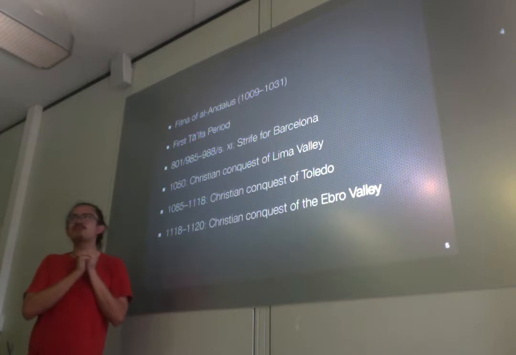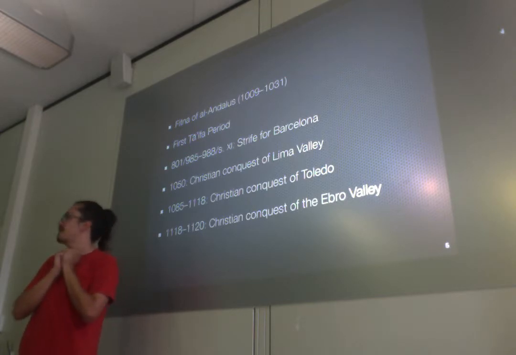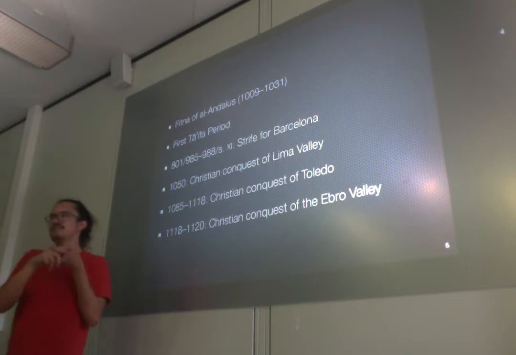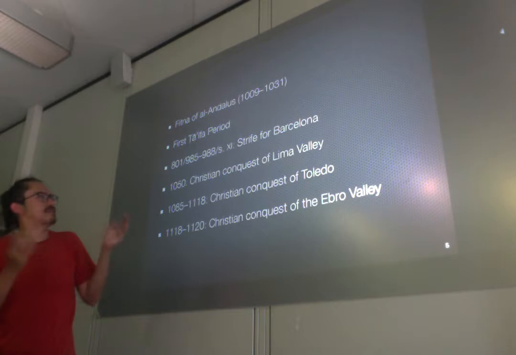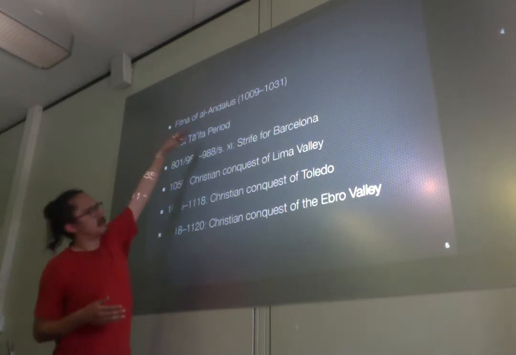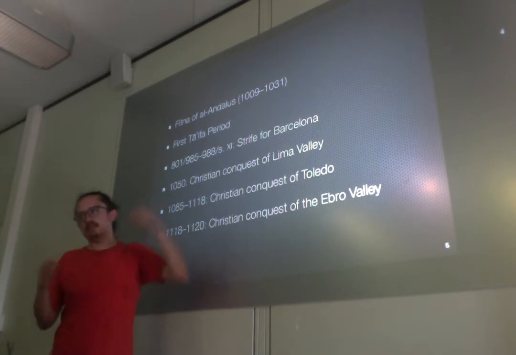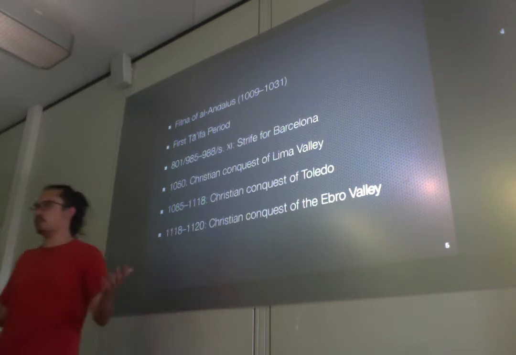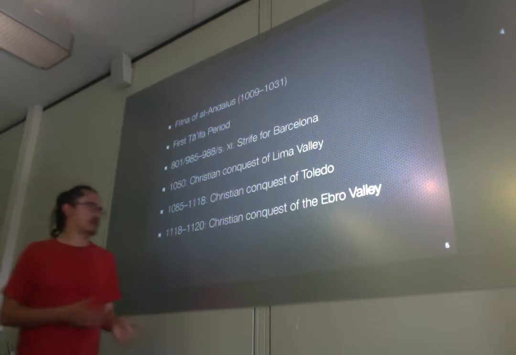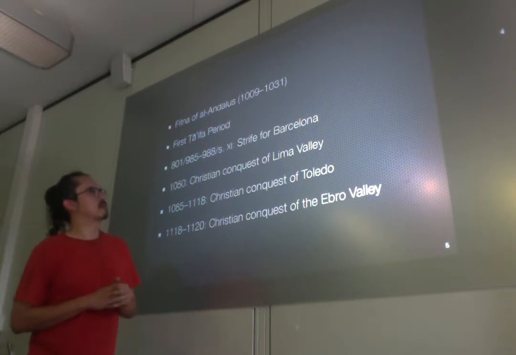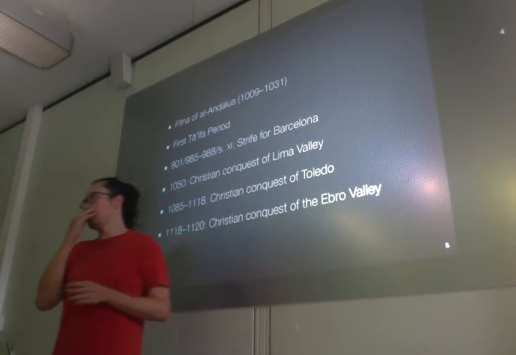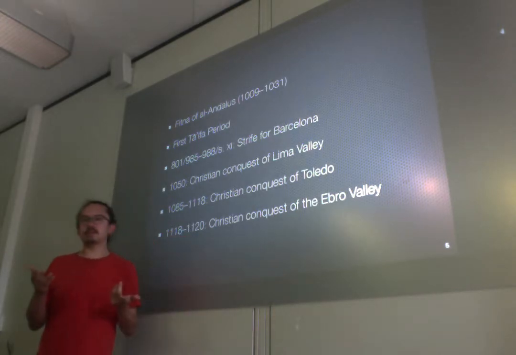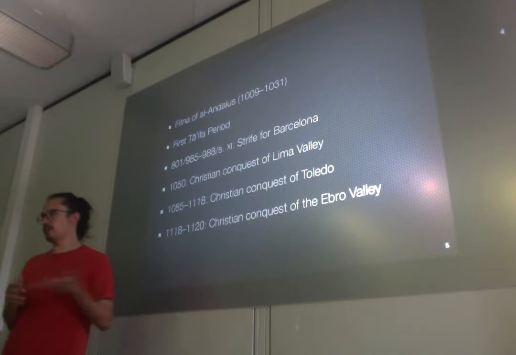The nephew of the caliph was assassinated, and it's not the point here to remember this. The point is that during this period the caliphate started crumbling down, and it actually ended in 1031 when the Taifa of Toledo was established.